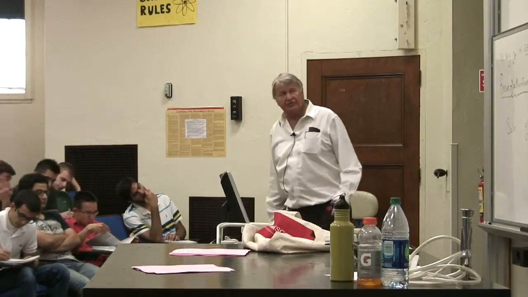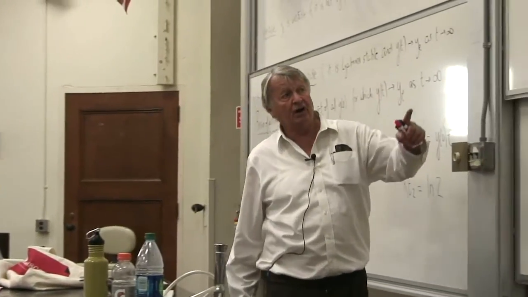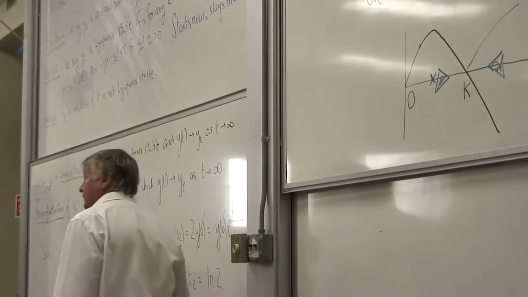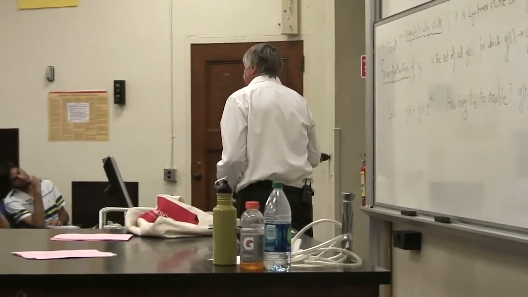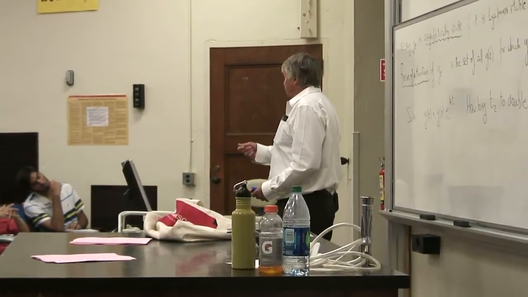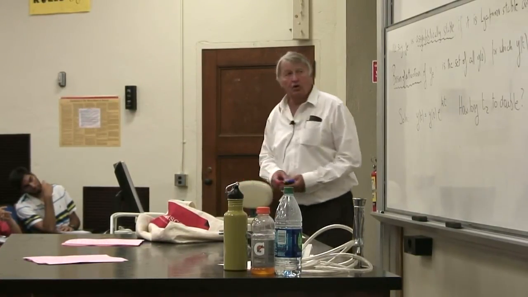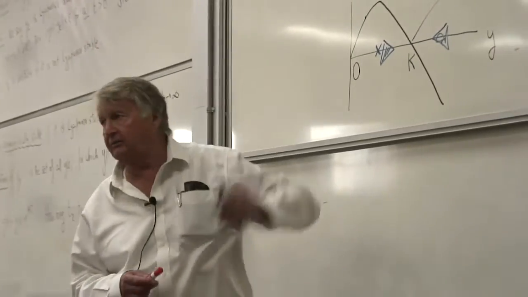It'll stop decreasing when y gets to K. Likewise, if you start less than capital K, dy by dt will be positive, y will increase as t increases, until y gets up to K, then it stops. So this is called the saturation level.